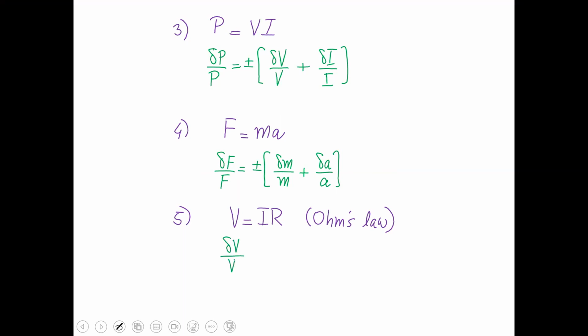Delta V upon V is equal to plus minus delta I upon I plus delta R upon R.